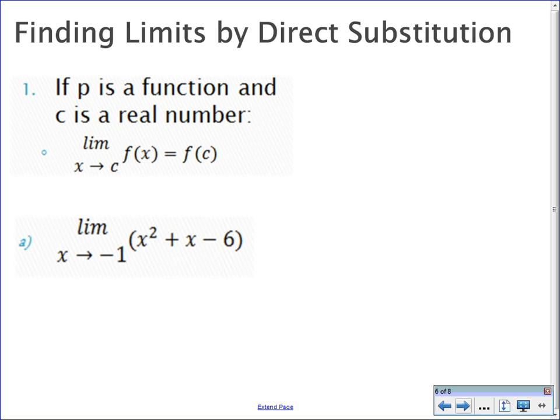So as long as we have a polynomial function, we can do what's called direct substitution. If you have a limit of a polynomial, you basically can plug that c value in and you get the limit. Why is that?